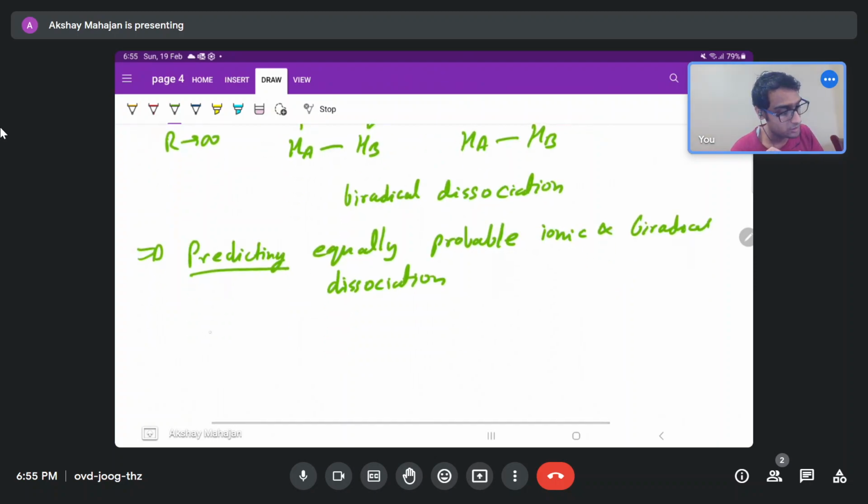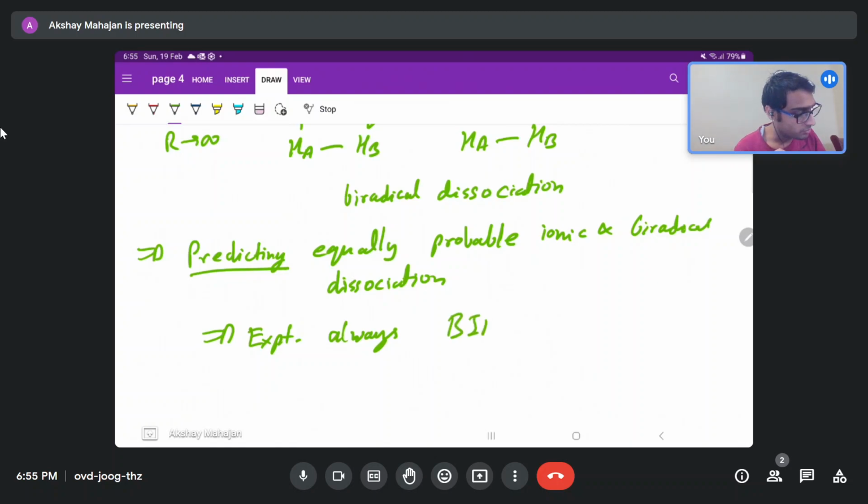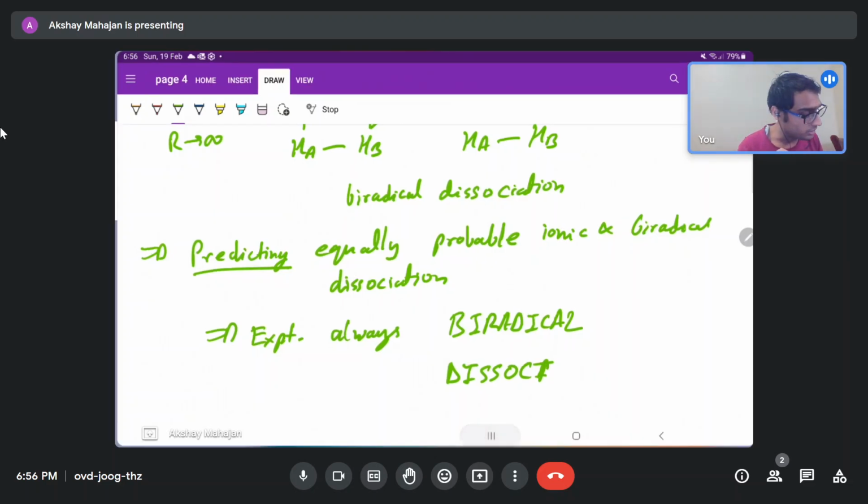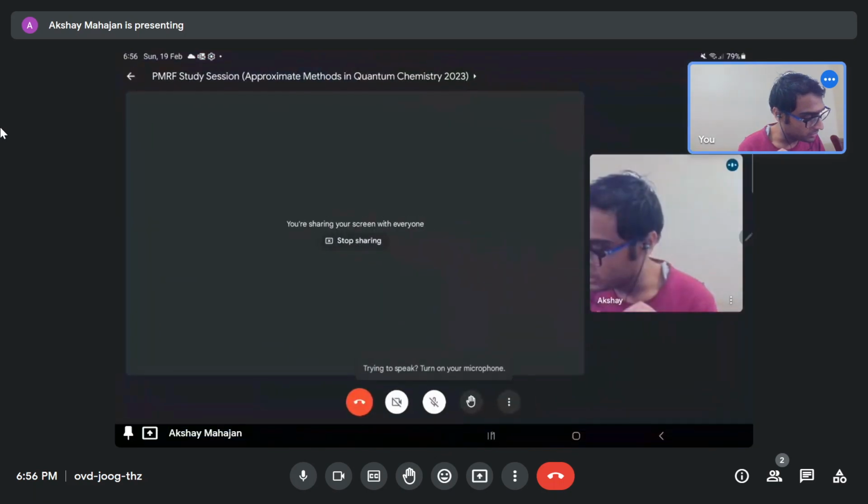But in experiments it is known that experimentally it is always bi-radical dissociation. So this is where, as discussed in the class, this Huckel orbital theory is not giving us the correct kind of answer.